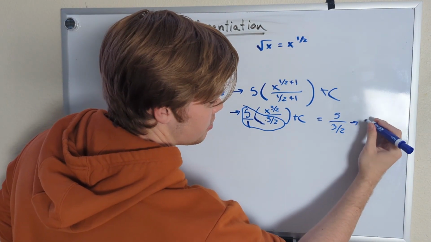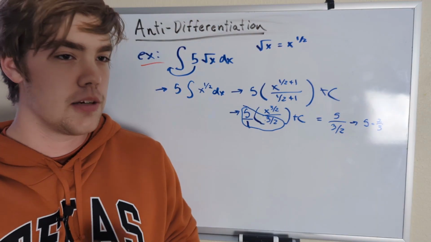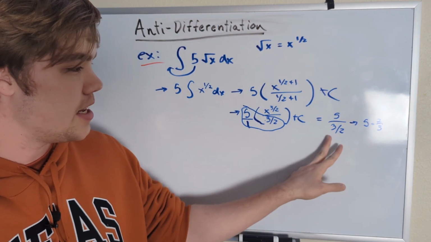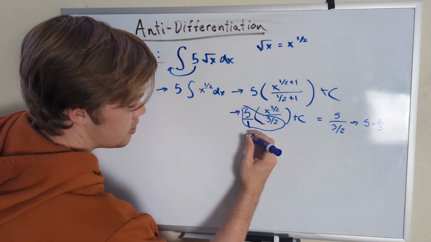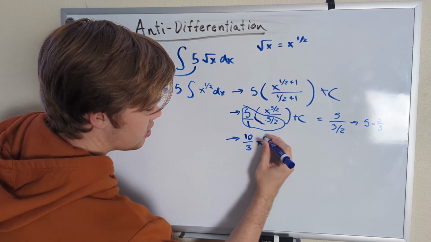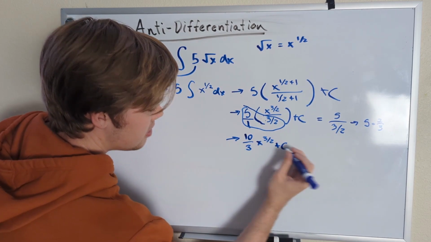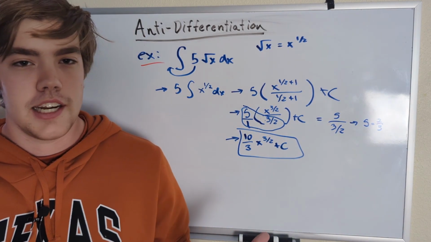So this is actually equal to 5 times 2/3, the reciprocal, of course, being the numerator and denominator flipped. 5 times 2/3 is just equal to 10/3. So this is equal to 10/3 times x to the 3/2 power plus C. And that's our antiderivative. That one took a little bit more algebra, but isn't terribly hard still.